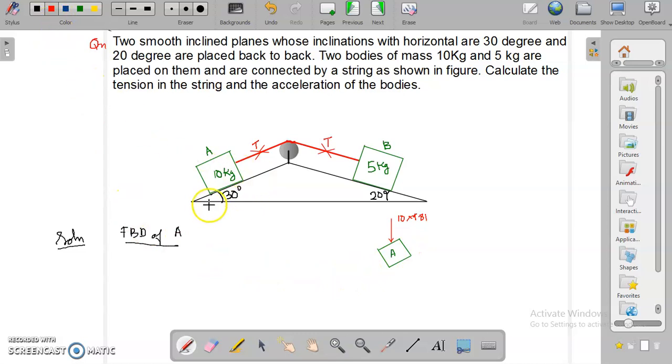Now this is a smooth surface, so there is no friction, only the normal reaction will be acting. So it will be RA, and this is at an angle of 30 degrees. Now the tension acts away from the object, so it will be like this.